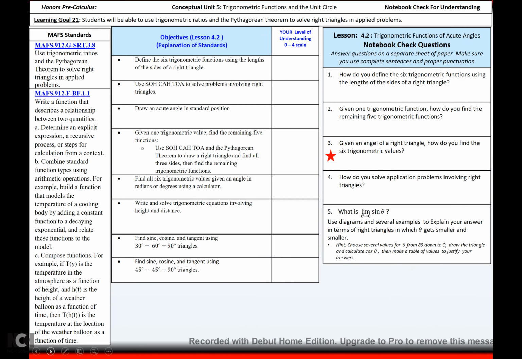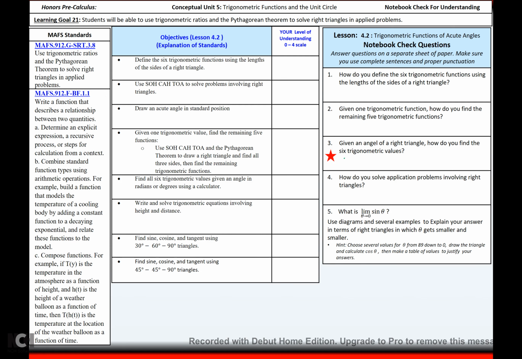Alright, so given an angle, and I spelled that angel, given an angle of a right triangle, how do you find the 6 trigonometric values? Oh, I should say given an angle and a side, how do you find the 6 trigonometric values?